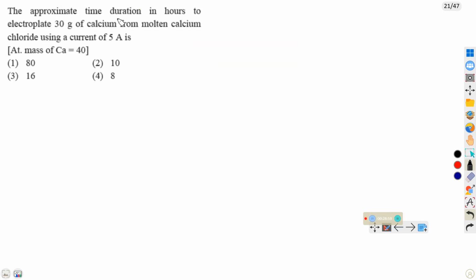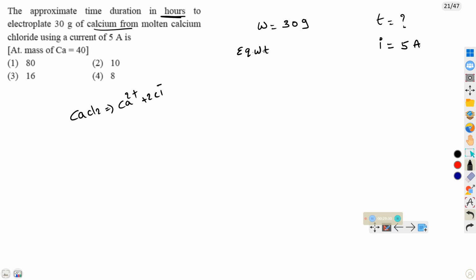The approximate time duration in hours to electroplate 30 grams. Weight is given as 30 grams. Calculate time. Current is given as 5 amperes. Equivalent weight of calcium: calcium chloride dissociates into Ca2 plus and 2Cl minus. Equivalent weight of Ca2 plus is 40 by 2, that is equal to 20.